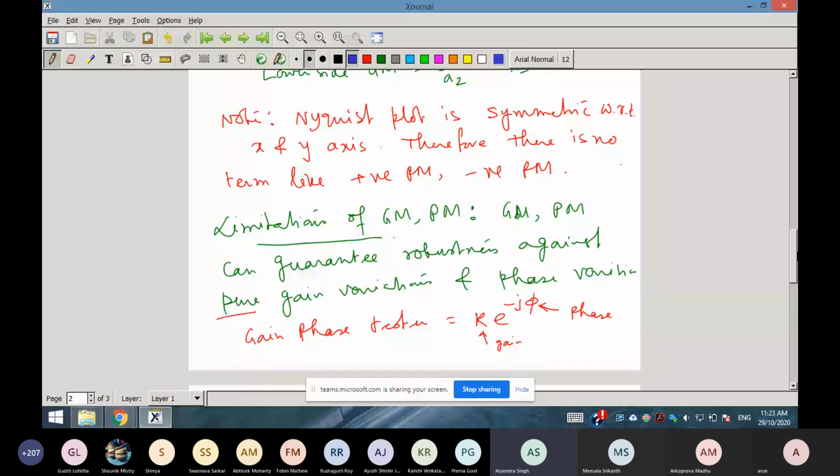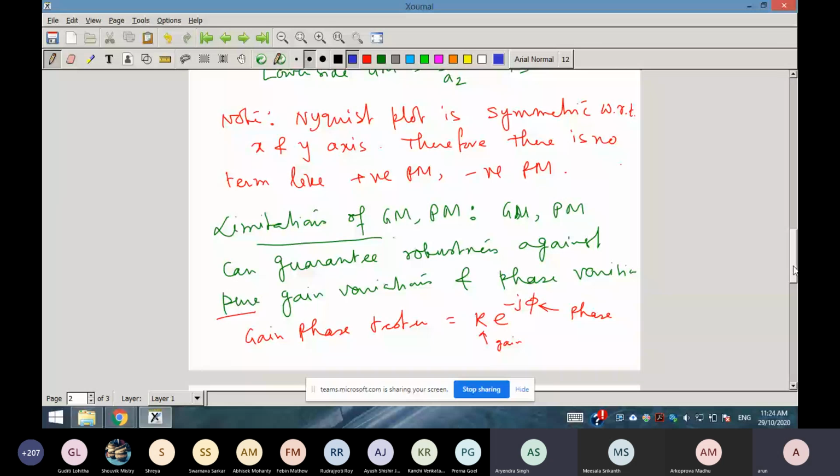The Nyquist plot is symmetric with respect to the x-axis, right? I think it is always symmetric, at least about the x-axis. And now you're saying that if it is also symmetric with respect to the y-axis, there is no concept of positive or negative phase margin. How exactly? I don't get it.